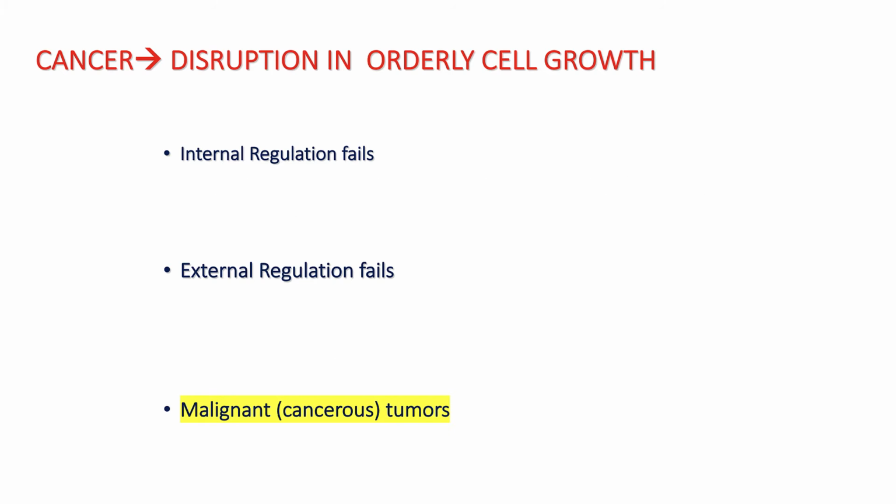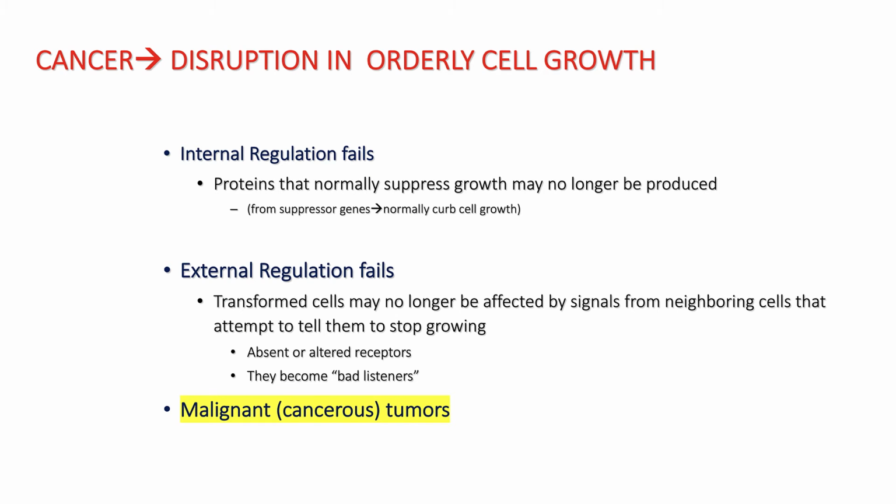This is true. I talked about how there are different signals that regulate cancer growth. We have internal regulation, where you have suppressor genes that normally curb cell growth, and that may fail with the BRCA gene. If it's mutated, then those cancer cells are allowed to grow.